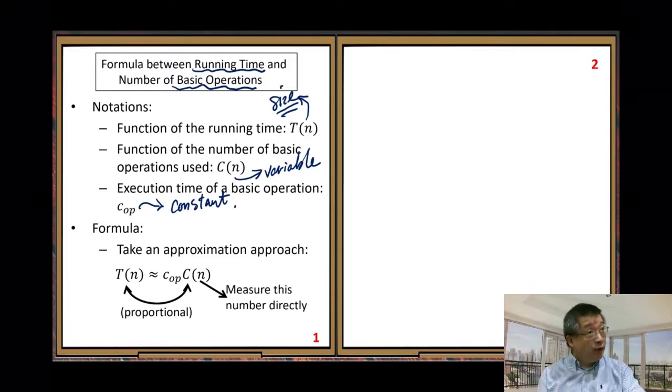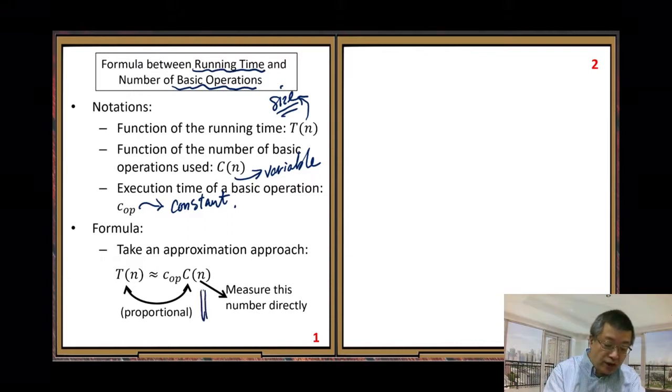Why is this simple formula important? Because with this formula, we can switch to studying the C function. We do not need to study the T function directly. We know the T function is not a stable measure.